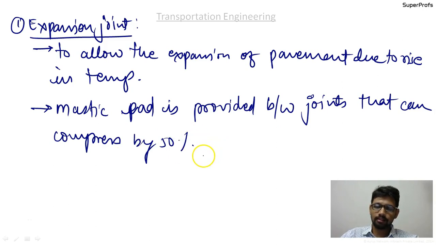So mastic pad is provided between joints that can compress by 50%.